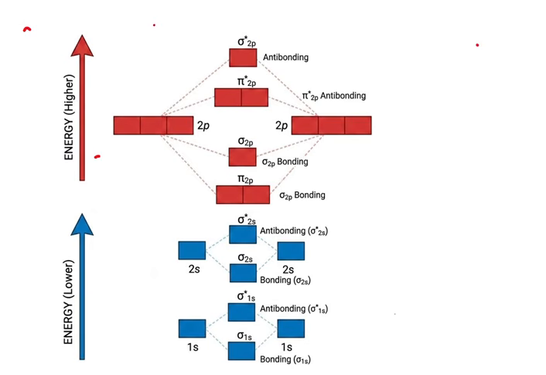In this video, I'm going to explain how to write the molecular electronic configuration of the C2 molecule, which is a diatomic molecule, according to molecular orbital theory, not valence bond theory.